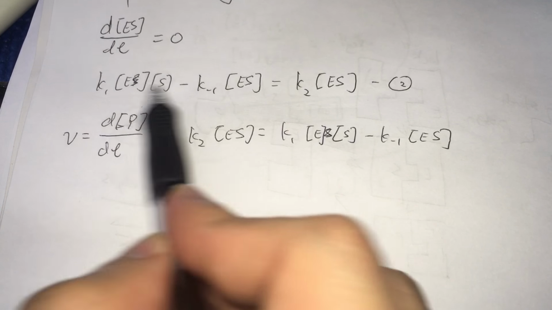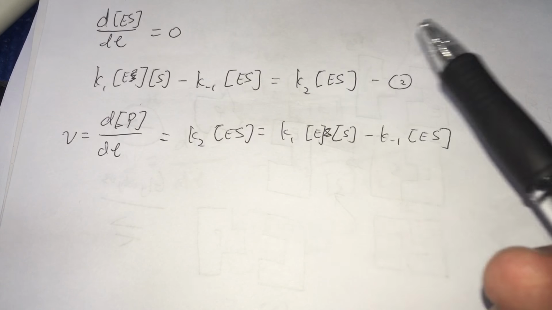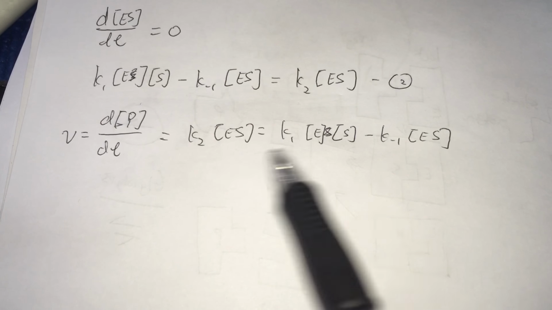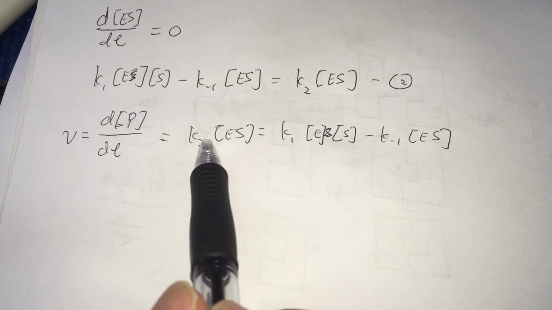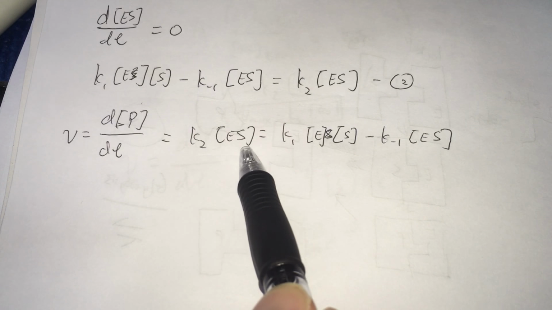So this is from the equilibrium side, and this is the rate of consumption, where ES is converted into the product. So I can just write here, V equals dP/dt, which equals K2 ES.